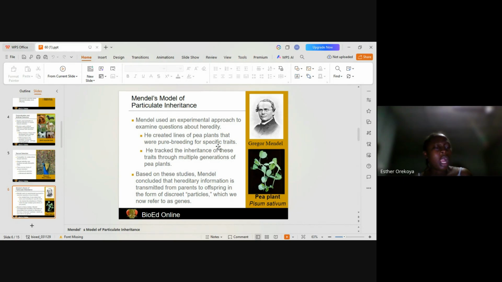Also, organisms whose traits are best suited to their environment survive and pass on those variations to their offspring. Like I mentioned earlier, it is called the law of natural selection, and we can also call it survival of the fittest.